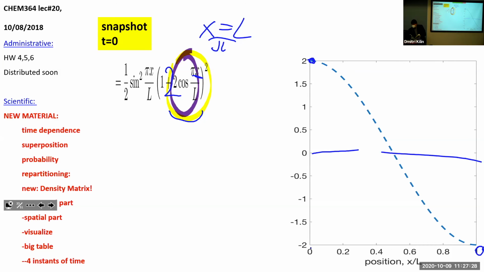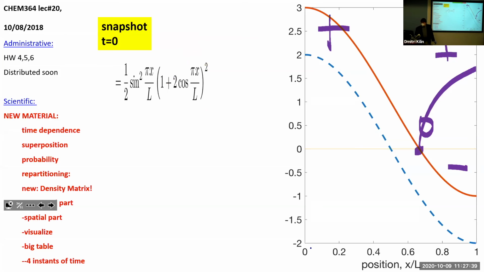Okay. Now we need to add +1, which means that we just move everything up. And then somewhere shifted to the right from the middle, it will cross 0. Make sense? Okay.